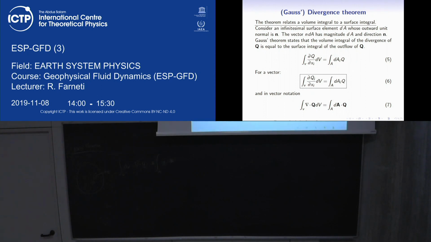I think that's correct. n is a unit vector. So the vector n dA has magnitude dA. Okay, is that the result of the dot product? n dA, so don't change it.